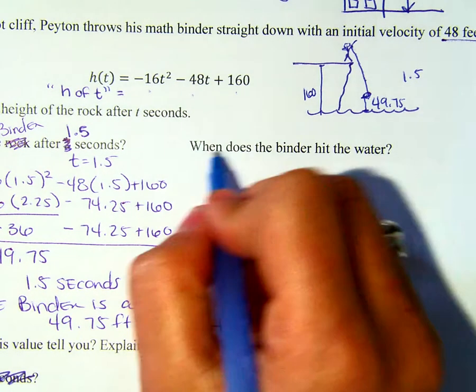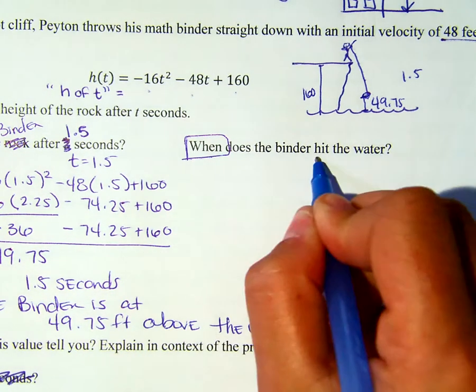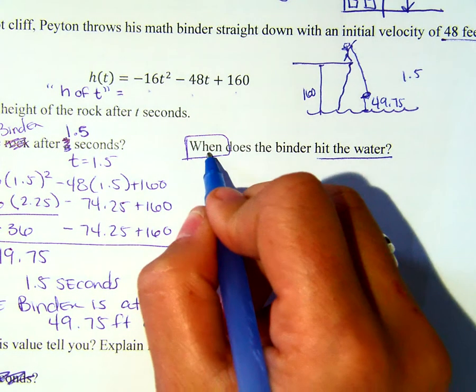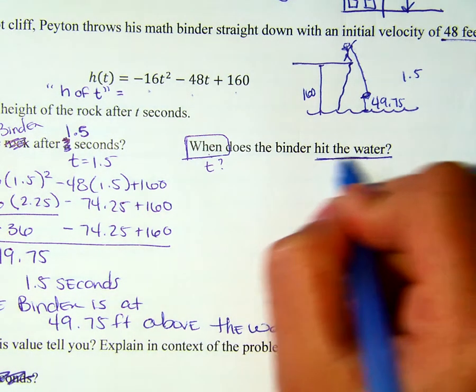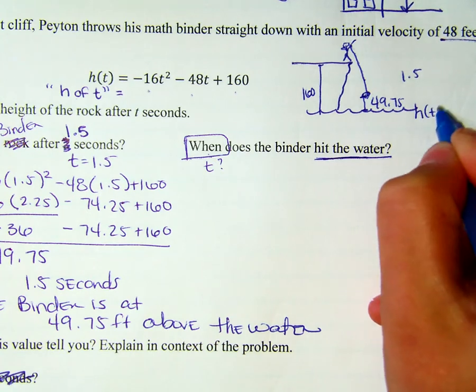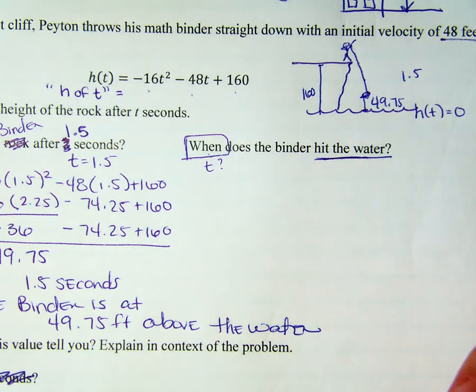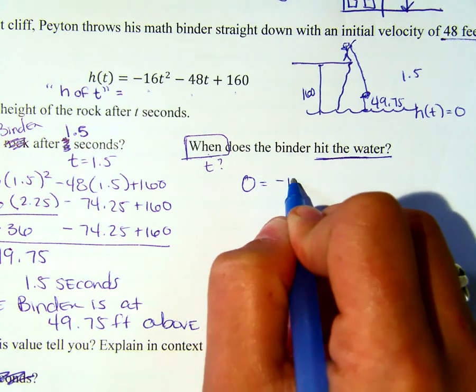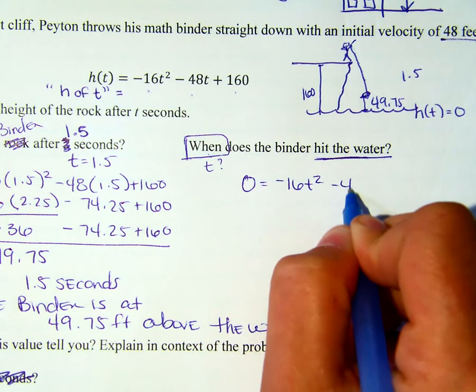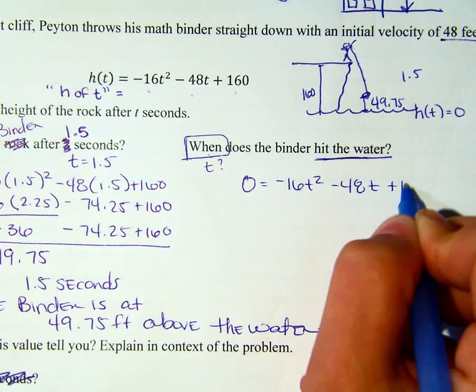So the next question is, when does the binder hit the water? So when we're solving for t, we don't know how much time. Does it hit the water? And if it hits the water, then that means that the height is 0. So 0 equals negative 16t squared minus 48t plus 160.